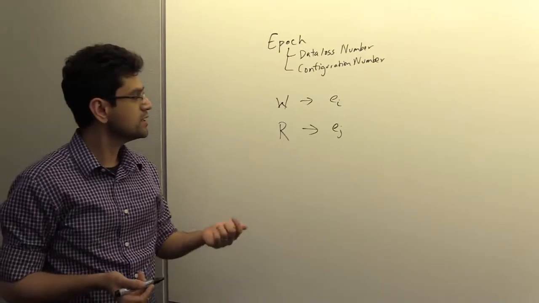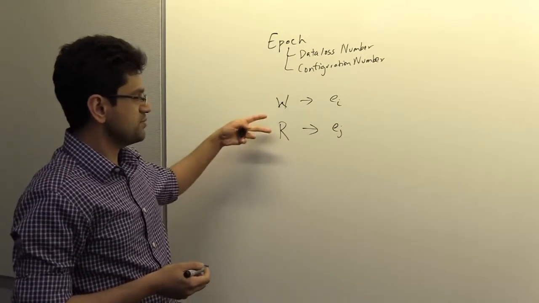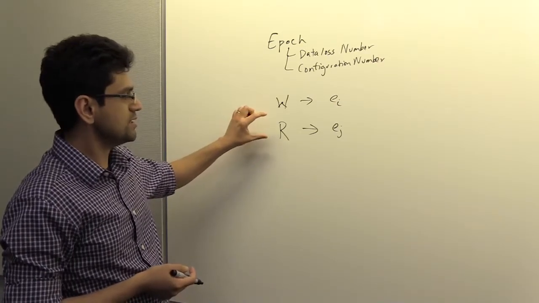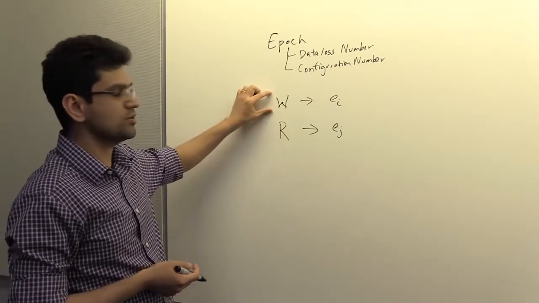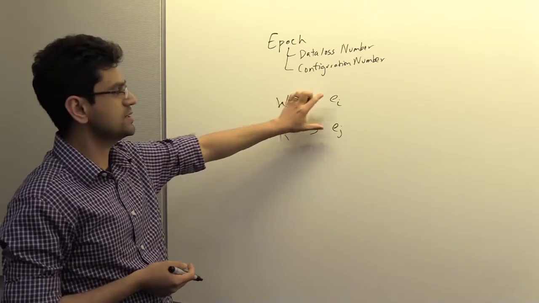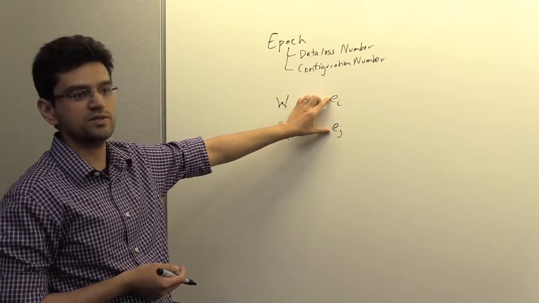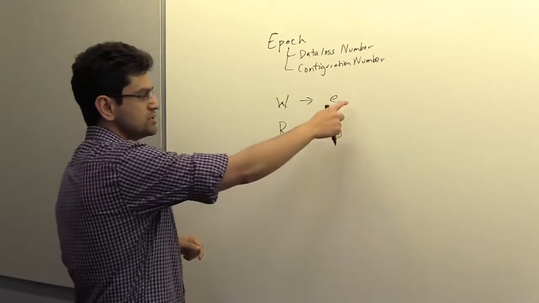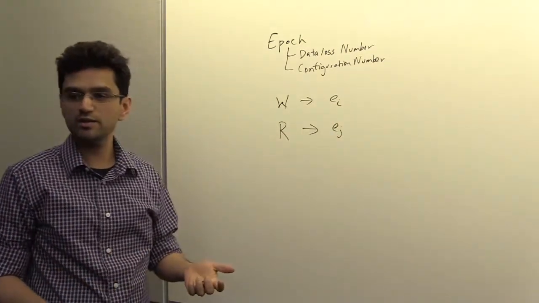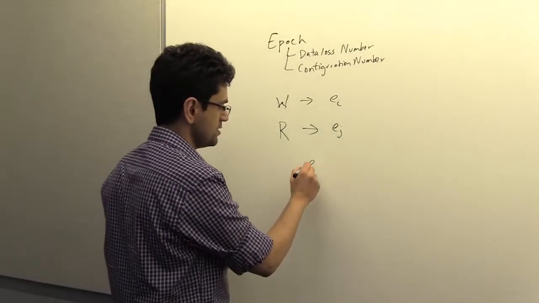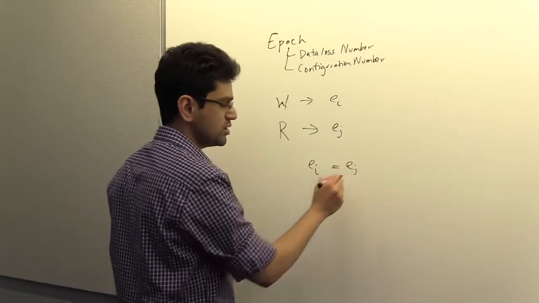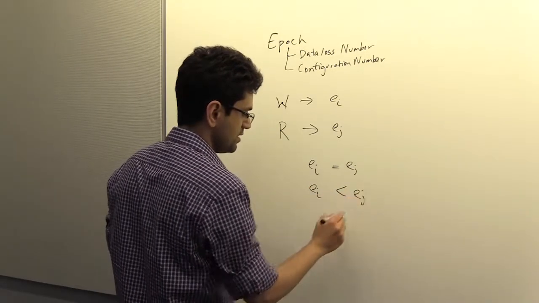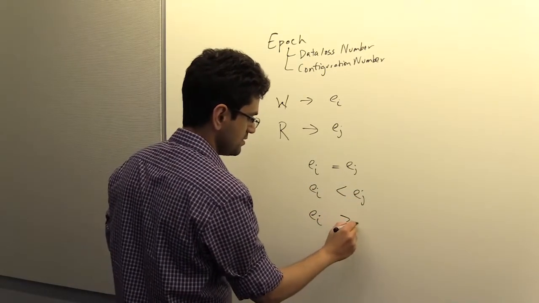So to restate what ServiceFabric is guaranteeing: R will always observe W unless the data loss version between these two is different, right? Now if you think about the relationship between EI and EJ, there are three possible cases. You can have EI is equal to EJ, you can have EI is less than EJ, and you can have EI is greater than EJ.